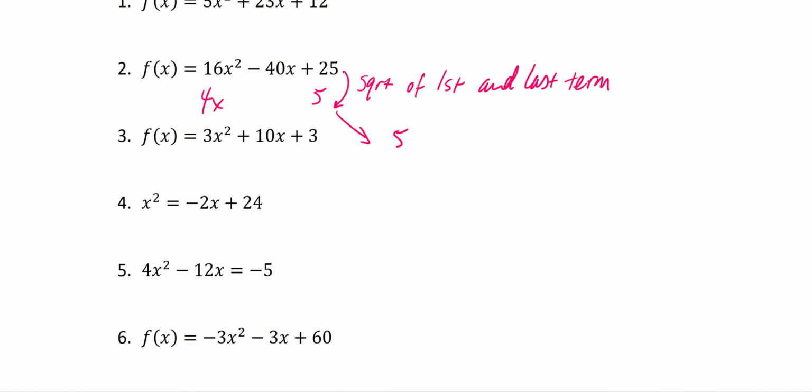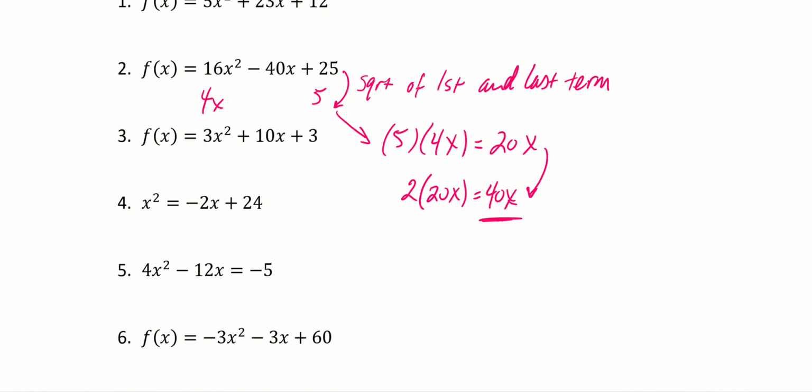So 5 times 4x gives me 20x. And then lastly, I'm going to multiply that by 2. So 2 times 20x is 40x. And what I'm looking for is, is this the same as the middle term? It doesn't matter if it's plus or minus, just is it the same as the middle term? And the answer is yes.